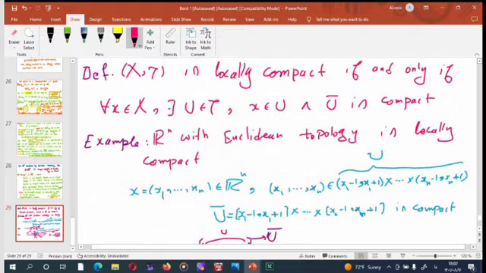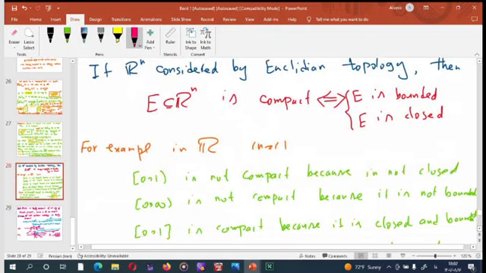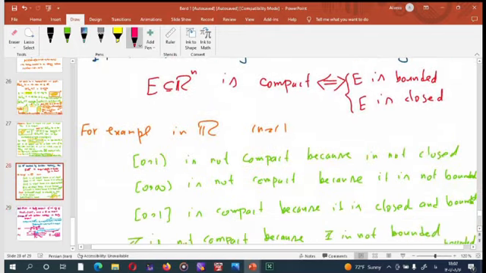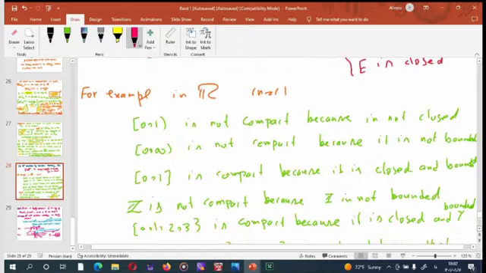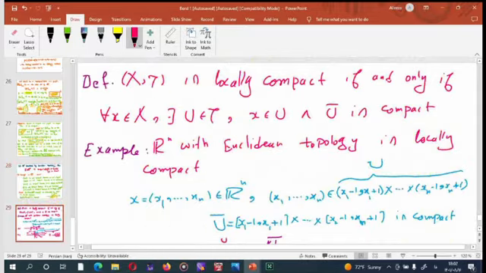And in other dimensions we have this proof that Rn with Euclidean topology is a locally compact space. I repeat the definition of a locally compact topological space.